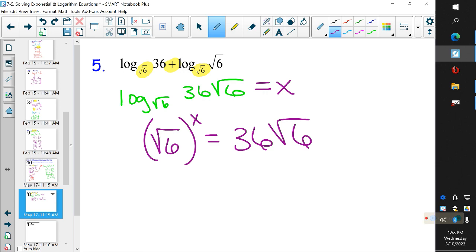Okay, well what our brain does not like is the square root. So that's the power and that is the root. So we're going to rewrite this as 6 to the 1/2 x is equal to 36 is 6 squared. The square root of 6 is 6 to the 1/2.